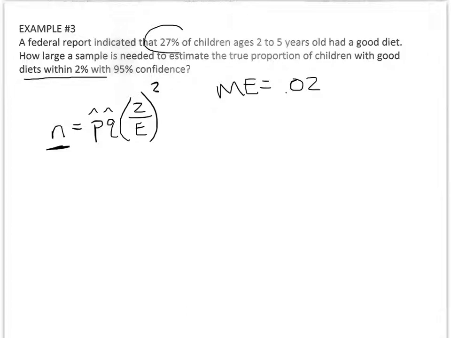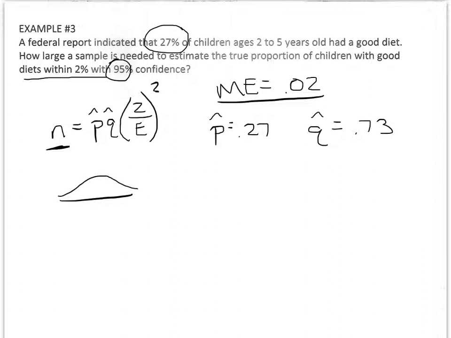They tell me that 27%, so my p-hat value is 0.27, which means my q-hat value must be the complement, 0.73. They give me the error, 0.02, and we're looking at 95% confident. So when I put that in my calculator, I cut 2.5% off both sides. I get a z-score of 1.96.